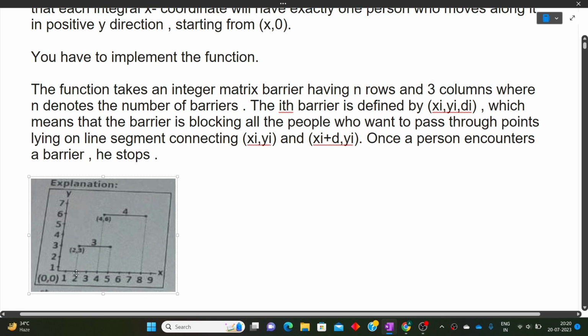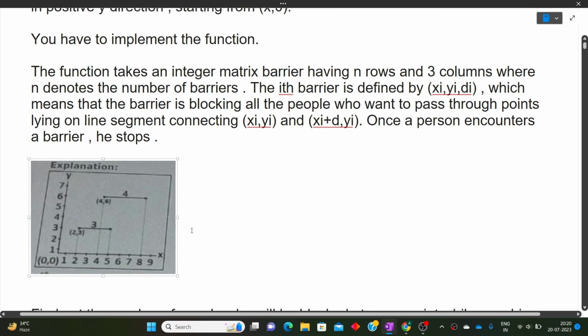But let's talk about people at 2, 3, 4, 5. They will start from these positions and move in the positive y direction, and once they face this barrier, they will stop. Next, the people standing at 6, 7, 8, 9 will start moving, and once they face a barrier at position 6 on the y-axis, they will stop.